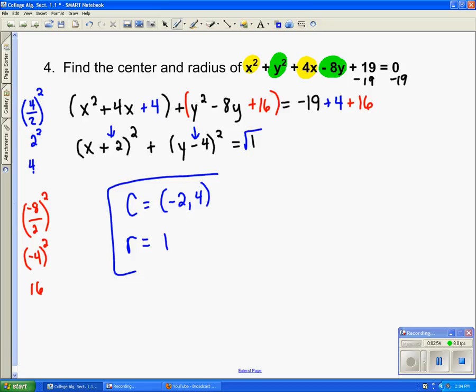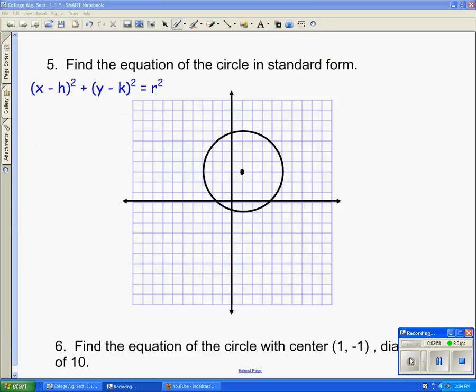And this is all they ask us for. Alright, number 5, they ask us to give the equation. The first thing we're going to do is label our center. Our center is (1, 3), and our radius from here to here is 4 units.